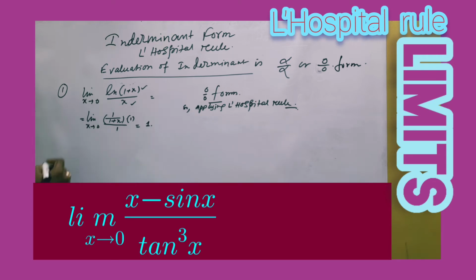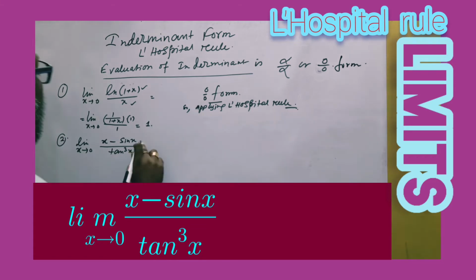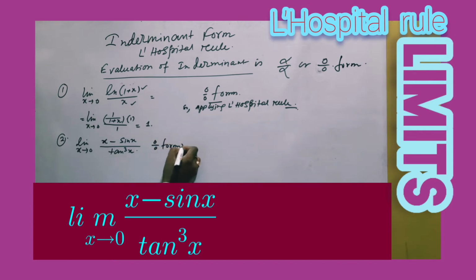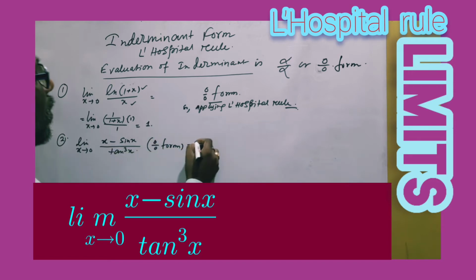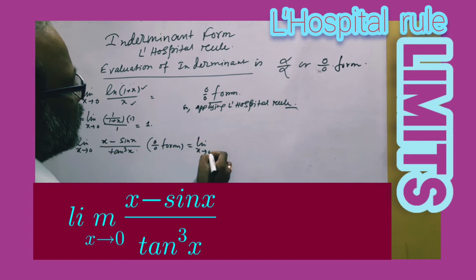For another example, for a clearer view, x tends to 0 of x minus sin x divided by tan cube x. This is 0 by 0 form, so apply the L'Hospital rule.